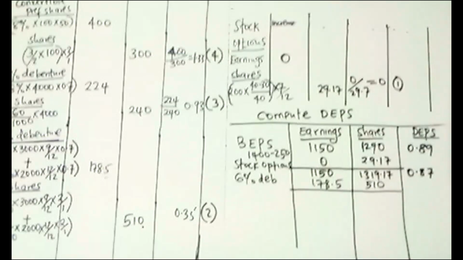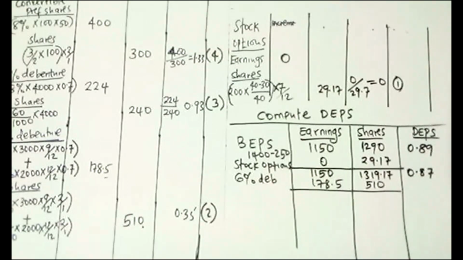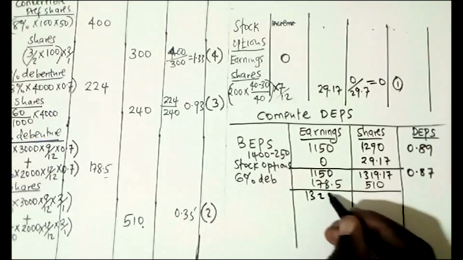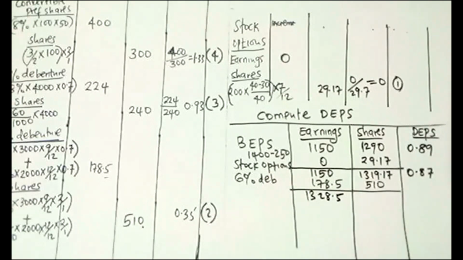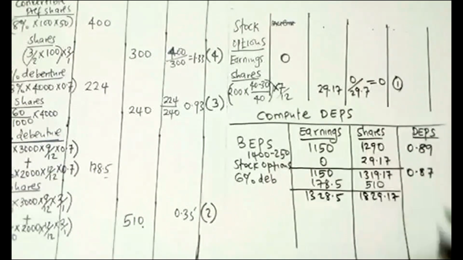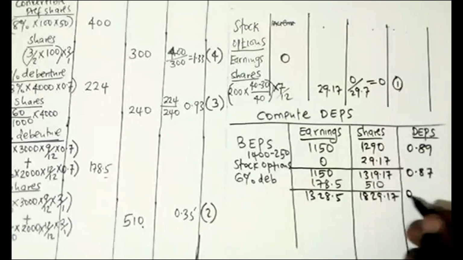So 1150 plus 178.5, that is 1328.5. 1319.17 plus 510, 1829.17. 1328.5 divided by 1829.17, 0.73.